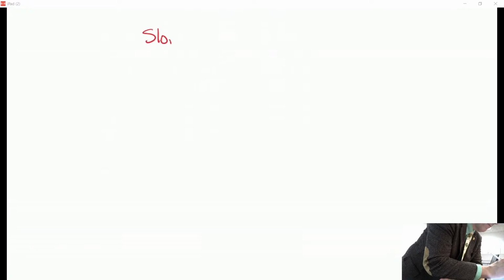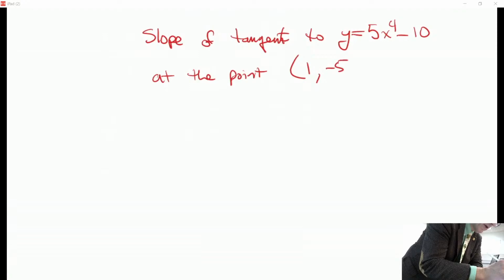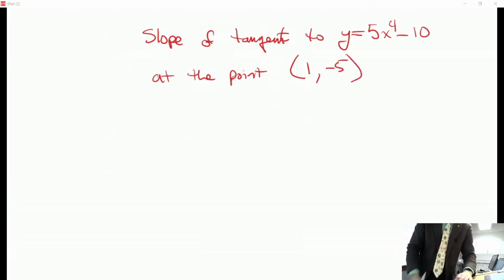So let's find the slope of the tangent to y equals 5x to the fourth minus 10 at the point (1, -5). Let's do that one for fun. So find the slope of the tangent line.